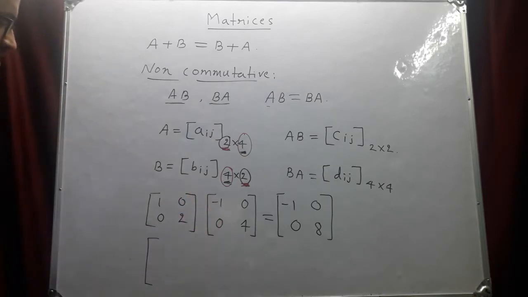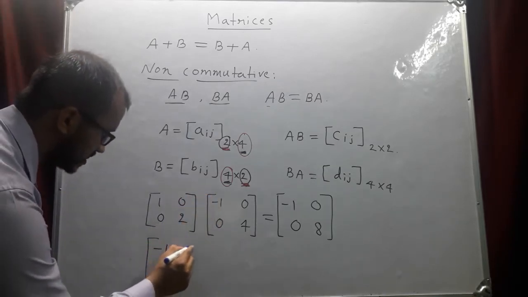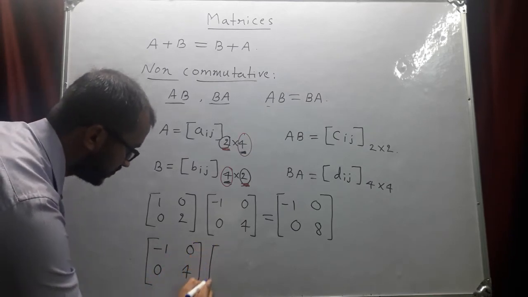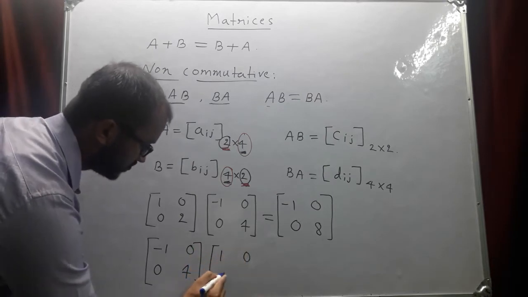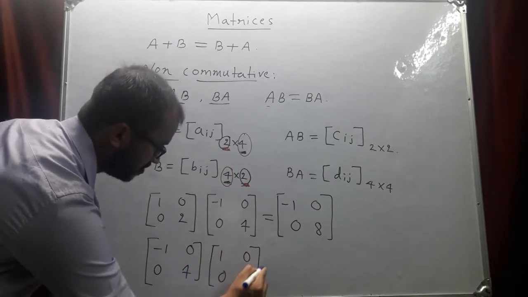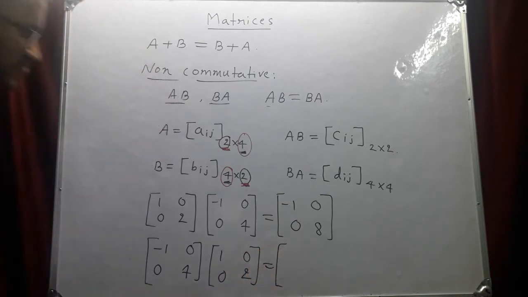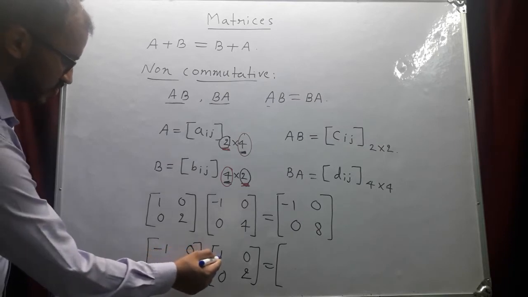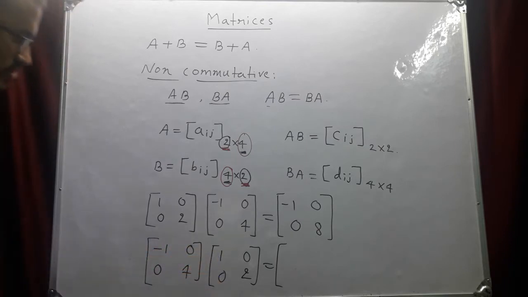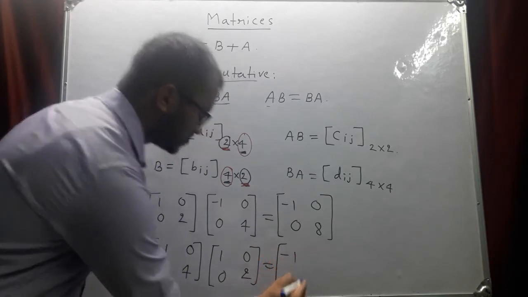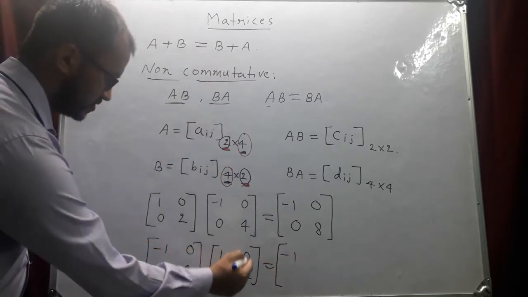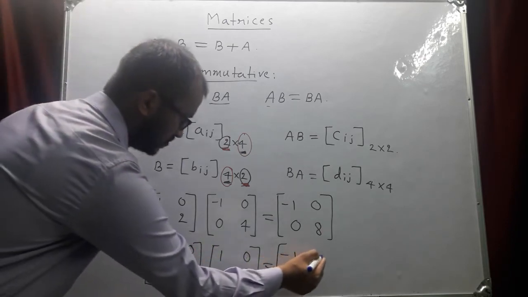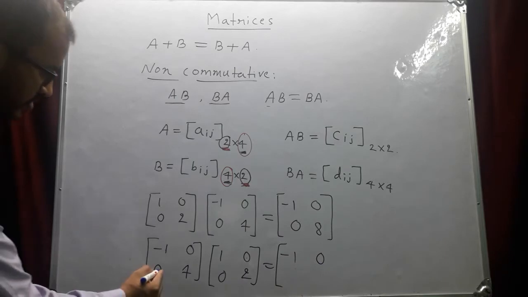Let us take the reverse. First [-1 0; 0 4] into [1 0; 0 2]. Now find the product of these two matrices. What will we get? First row, first column, -1 into 1 plus 0 into 0, so that is -1. First row, second column, -1 into 0 plus 0 into 2, we get 0.